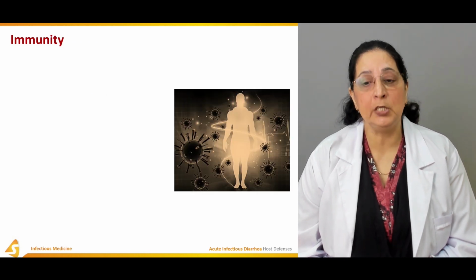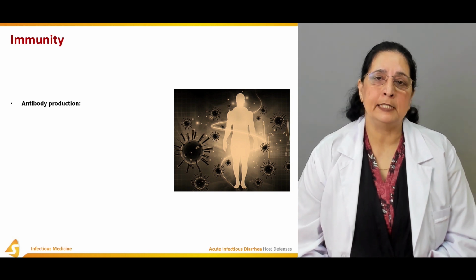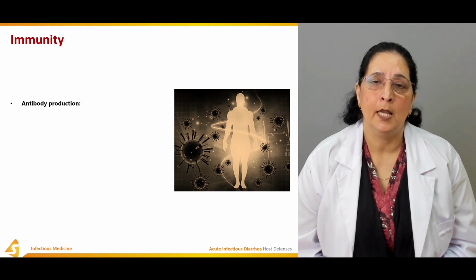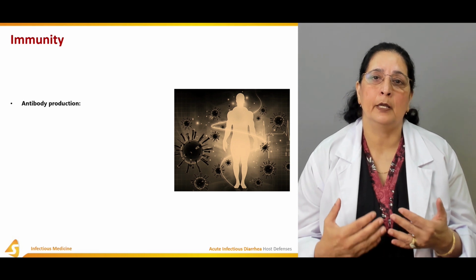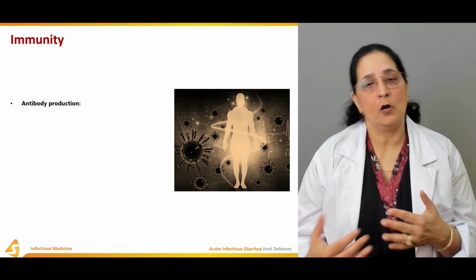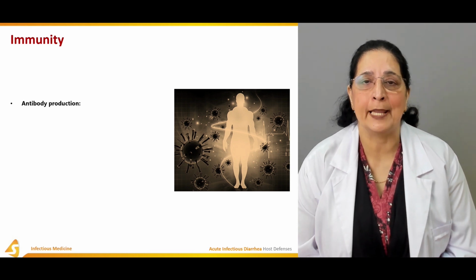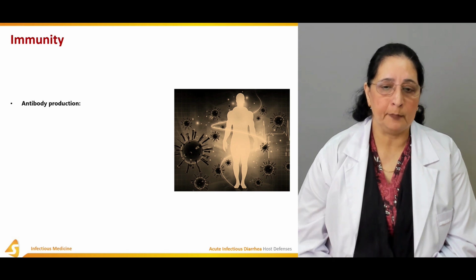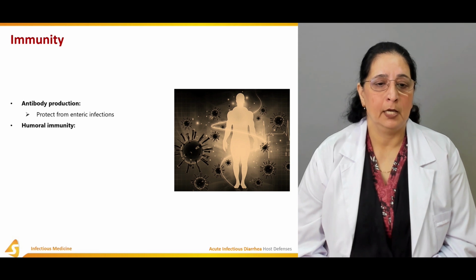Now immunity, another defense mechanism, antibody production. The immune system of the person is responsible for protecting against infection caused by different pathogenic microorganisms by the production of antibodies against those organisms. So antibody production protects from infections.